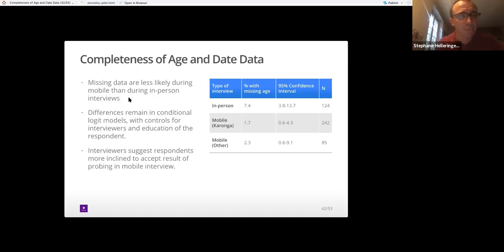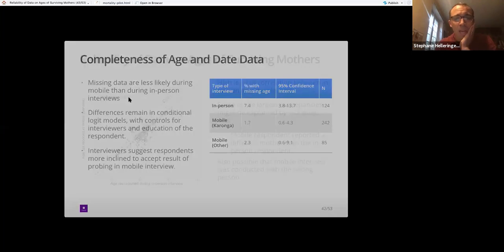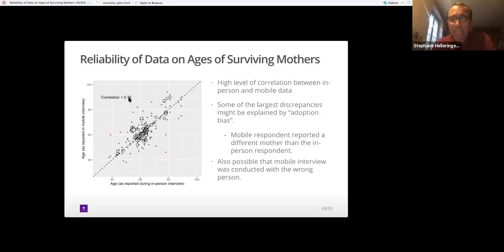the respondent. On the reliability of data on ages and survival, there is usually a high level of correlation between in-person and mobile data. Some of that can be explained by this adoption bias. So it's all the dots you see on the scatter plot, and the dotted line here is the line of equality between age reported during in-person interview and during mobile interview.